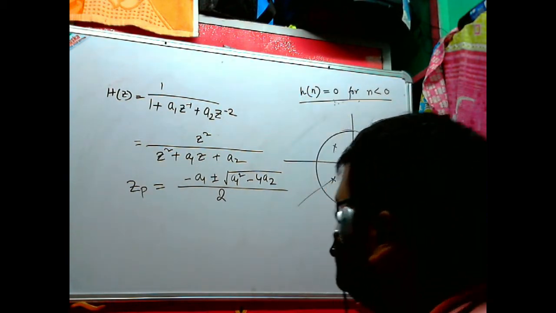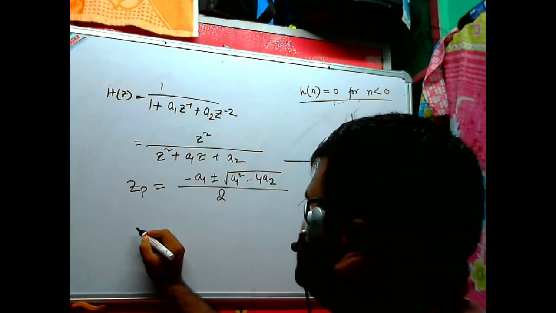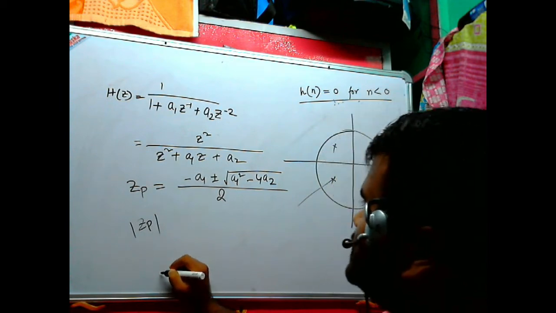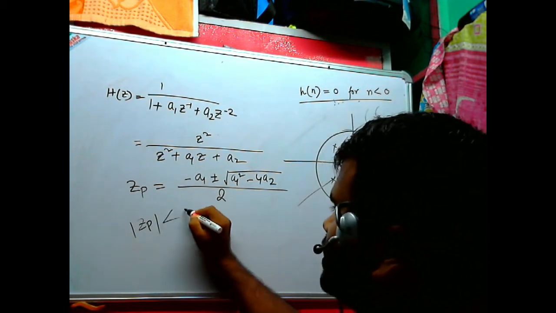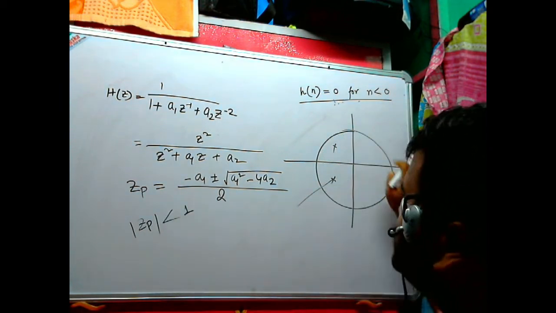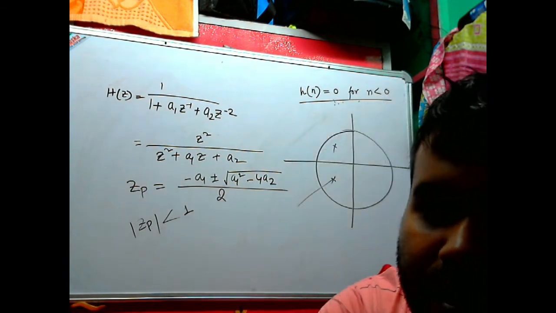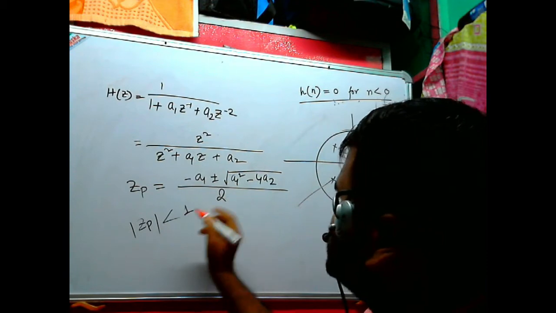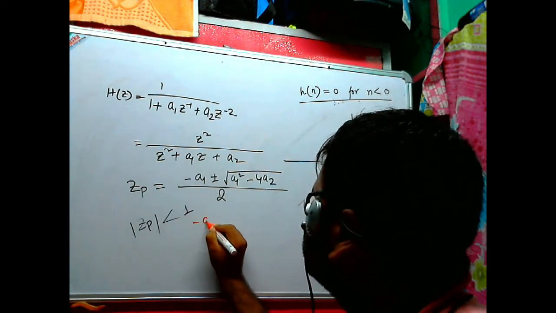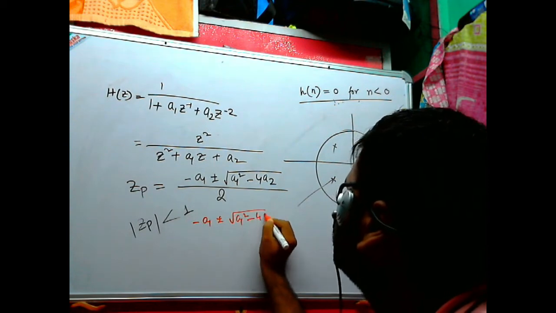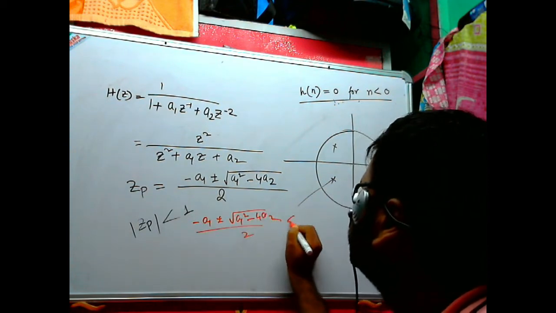So the magnitude of zp must be less than 1. We can write minus a1 plus minus root of a1 square minus 4 a2, divided by 2, is less than 1.